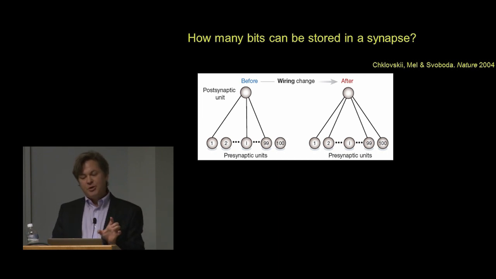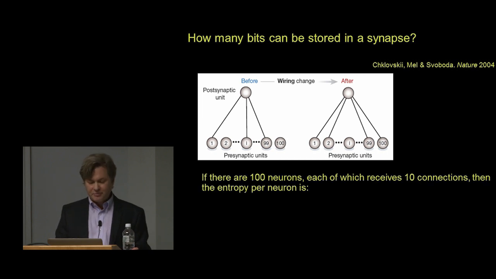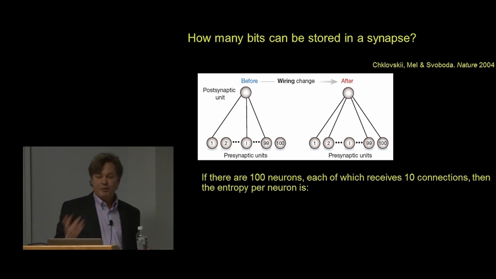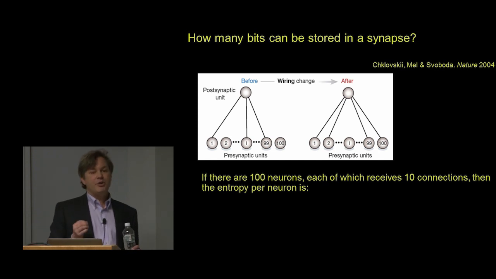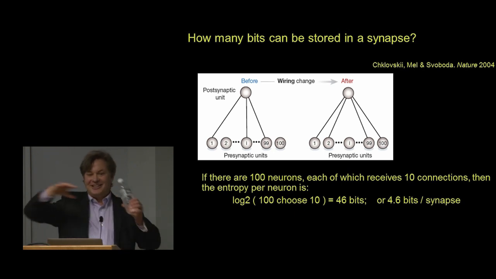But this nice review by Kloskowski, Mel, and Svoboda gives a hint of how much memory could be in a circuit, just in physical wiring. They gave the example: if there are 100 neurons, each of which receives 10 connections, then the entropy per neuron is log base 2 of 100 choose 10. 100 choose 10 is a binomial coefficient, from Pascal's triangle.